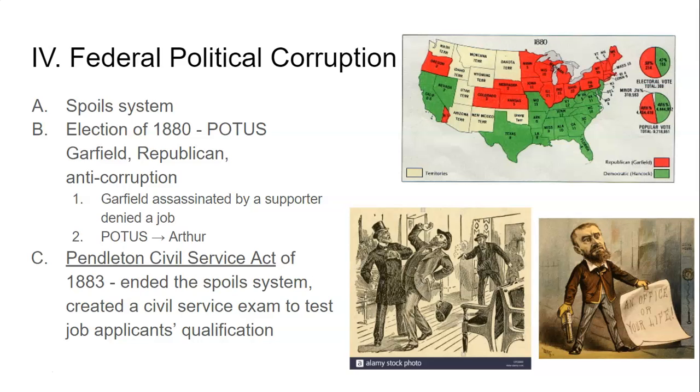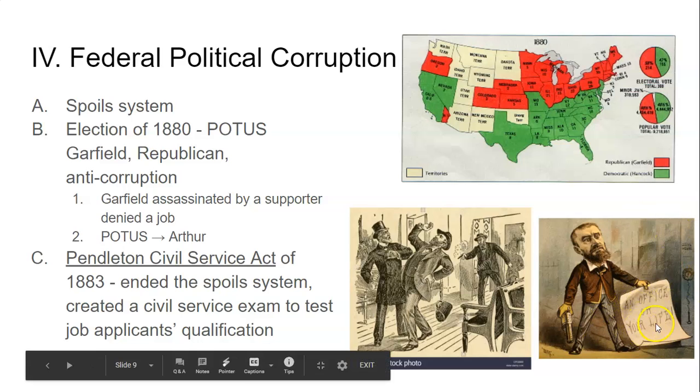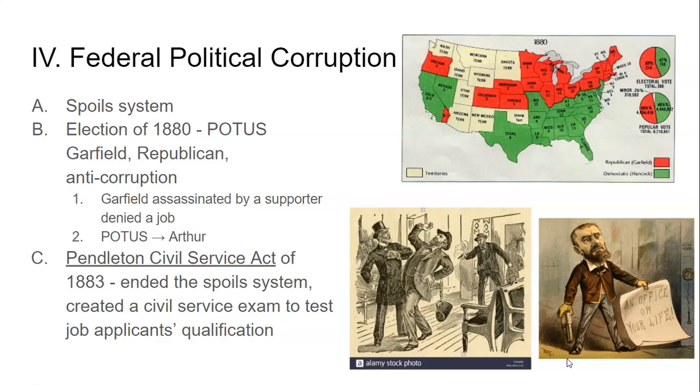And so you can see him down here. But he ends up assassinating Garfield, and his vice president, Arthur, becomes president. And Arthur and Congress work together to pass the Pendleton Civil Service Act, which essentially ends the spoils system and created a civil service exam to test job applicants' qualification for the job they were applying for.